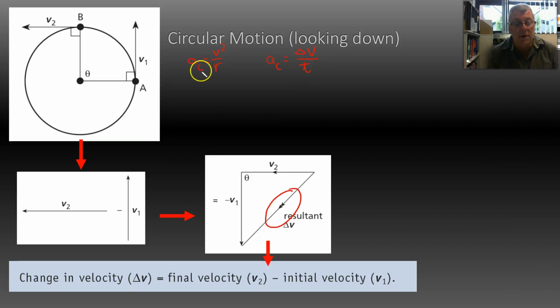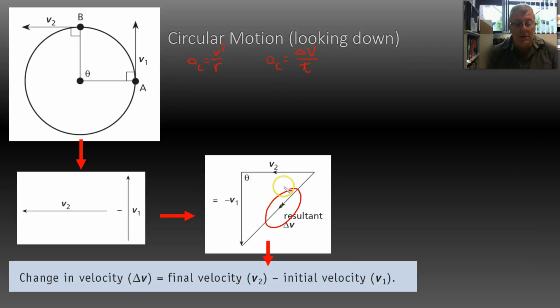The point of writing these two is that in both cases you have a vector quantity and you have a scalar quantity. The velocity is a vector quantity because it has a direction and a magnitude, whereas the time and the radius are both scalar quantities. The radius could be in any direction and the time is just time.